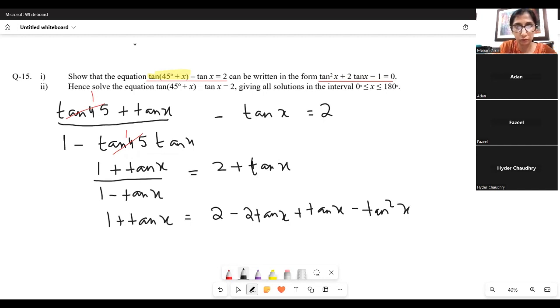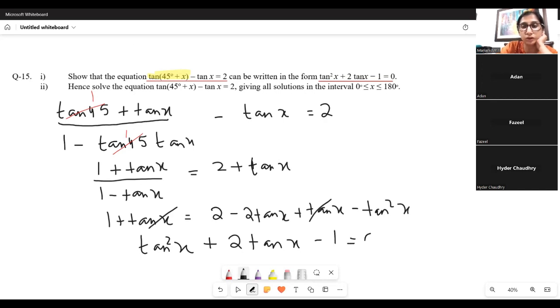Let me just confirm. So I'm bringing tan square x to the left hand side so that it becomes positive. Tan x cancels out, minus tan x goes to the left hand side and becomes plus 2 tan x, and 1 minus 2 is minus 1 equals 0. And this is what we were supposed to show. Got that?